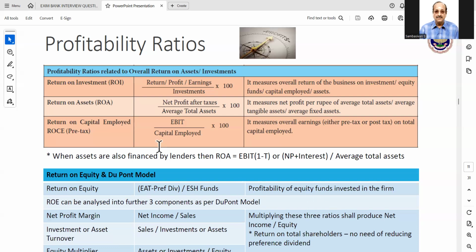Return on investment: return or profit by earnings divided by investments made. It measures the overall return of the business on investment. Then return on assets, net profit.